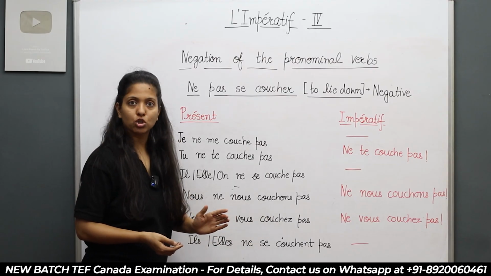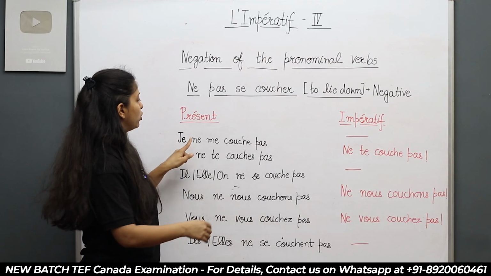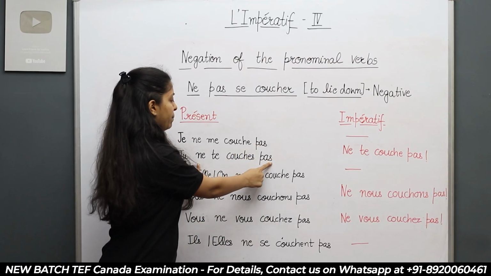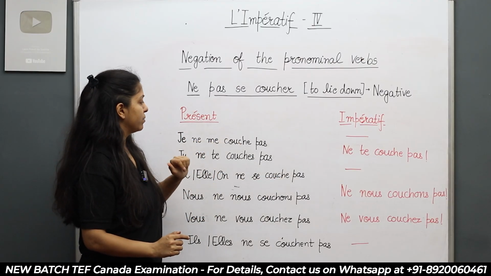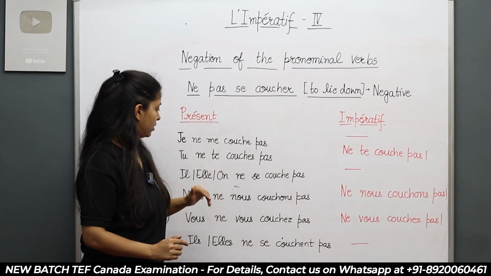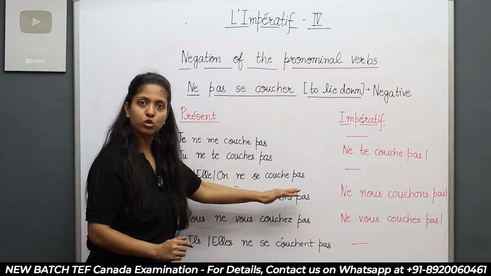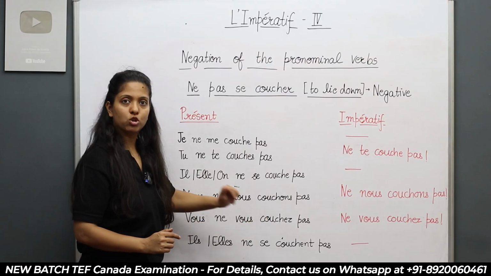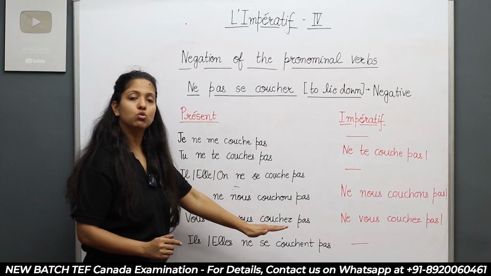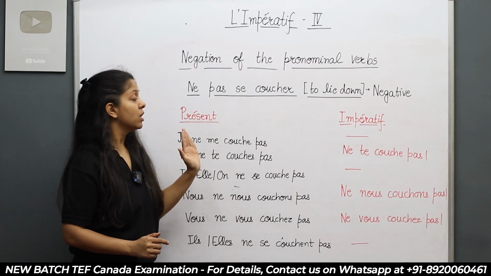Ils, elles se couchent. Now, since it is negative over here, you need to put this ne and pas. Right? So, you will say, je ne me couche pas. Tu ne te couches pas. Il, elle, on ne se couche pas. Nous ne nous couchons pas. Vous ne vous couchez pas. Ils, elles ne se couchent pas. This is how you write it in the present tense.